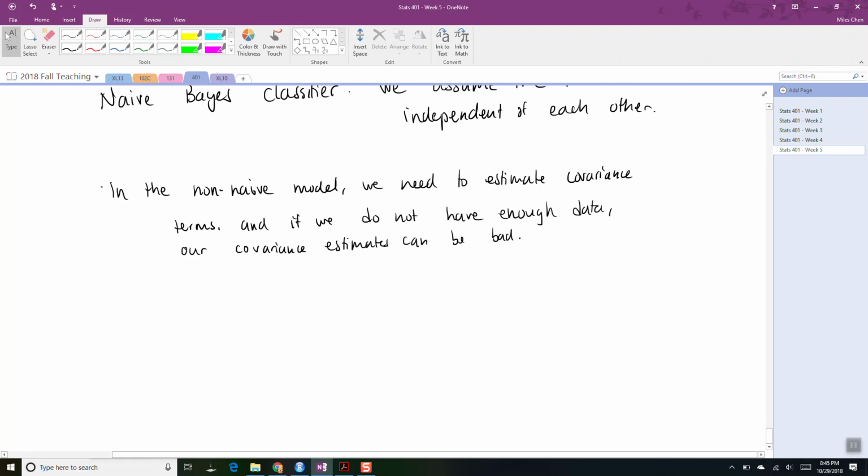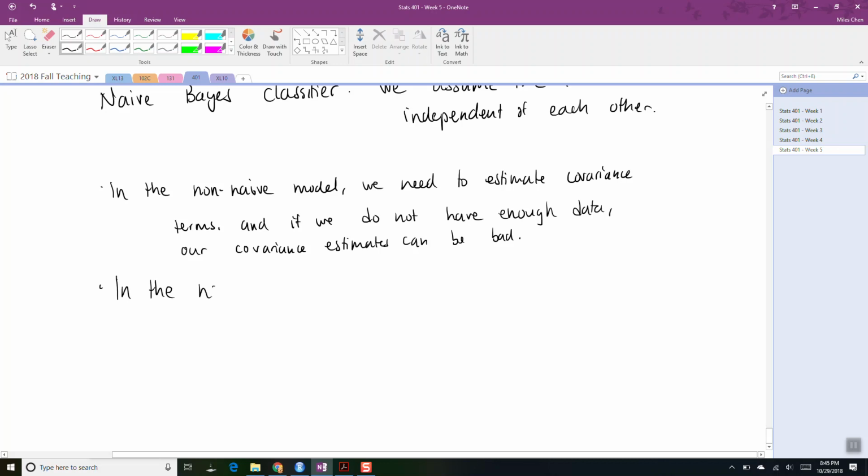In the naive model, we just say all the covariances are 0, so they're not going to be good estimates at all. But it turns out it's okay.